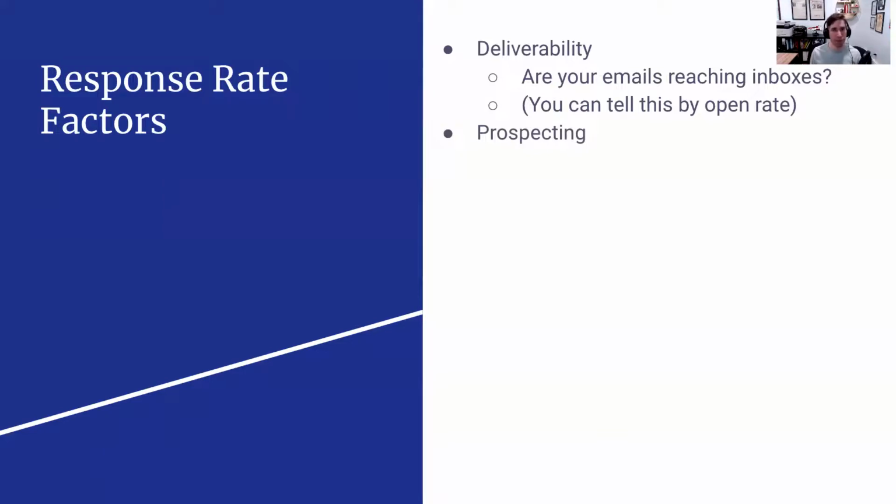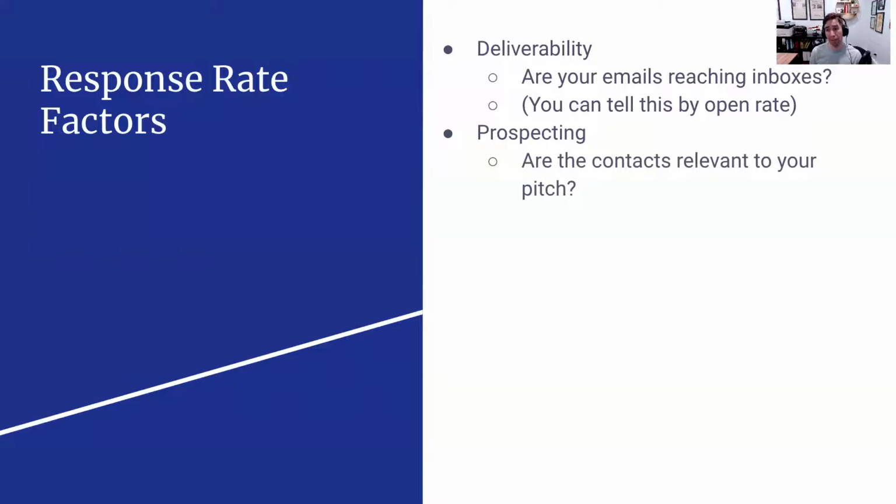Also, your prospecting can affect response rate. If you are just mass reaching out to people indiscriminately, people that might not be a good fit, just reaching out to any business, then you might see a lower response rate as opposed to reaching out to someone with some category of types of business or website with a specific end in mind.